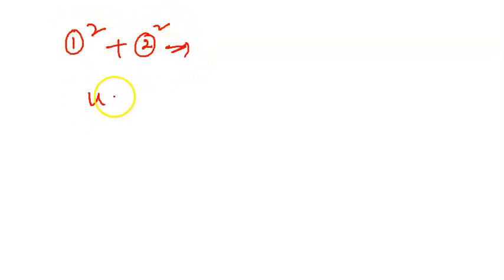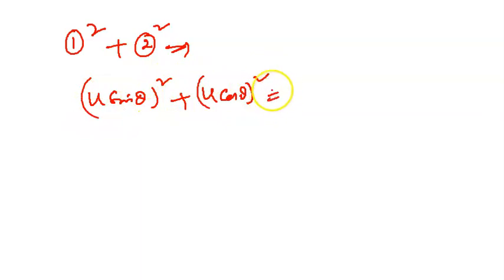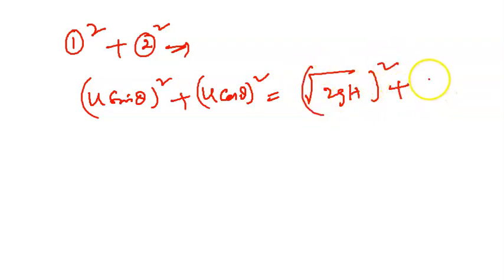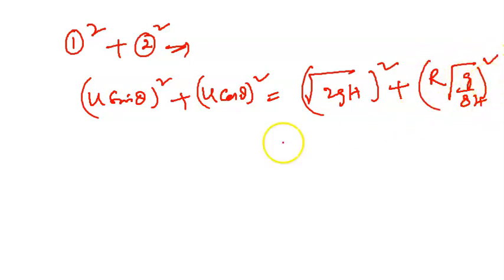Next, squaring and adding equations 1 and 2. Equation 1 square plus equation 2 square gives u sin theta whole square plus u cos theta whole square, which is equal to square root of 2gH whole square plus R into square root of g by 8H whole square.